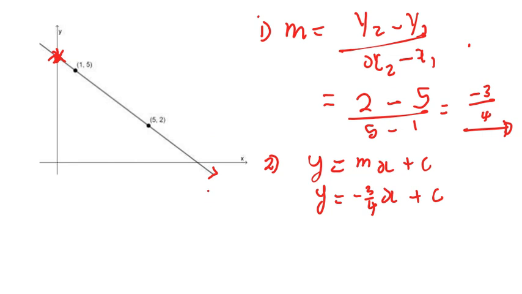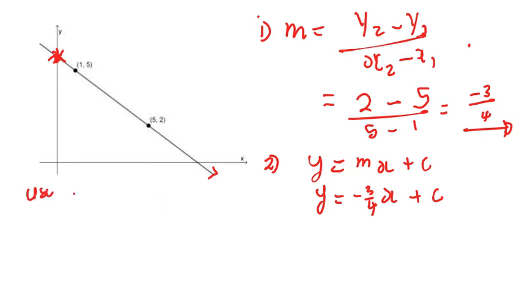You need to find the value of c. Listen carefully. To find the value of c, you need to solve for c in this equation, and to do that you must at least have the value of x and the value of y.